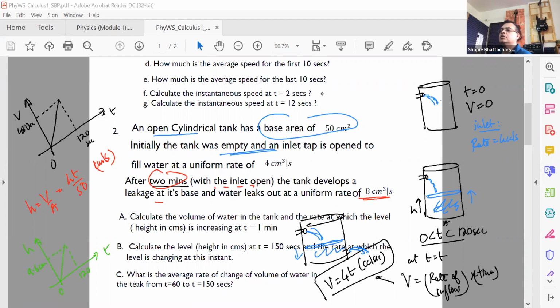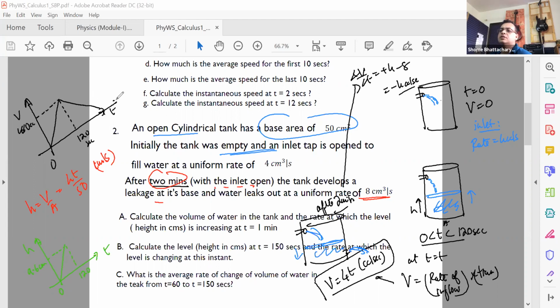So after 2 minutes, the rate of change of volume with respect to time is becoming the rate of inflow, which is +4, minus the rate of leakage. So it is decreasing at the rate of 4 cc per second. That means in this graph now, this is starting to decrease at the same rate as it was increasing earlier.